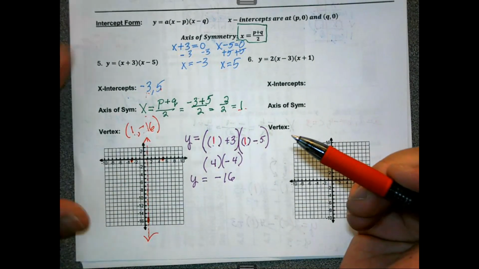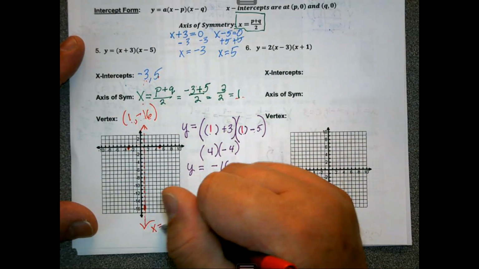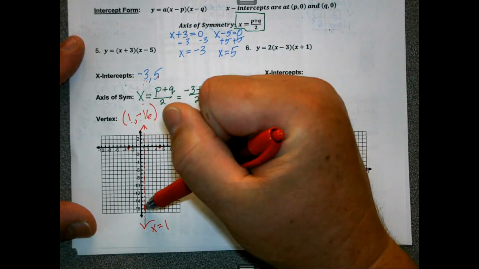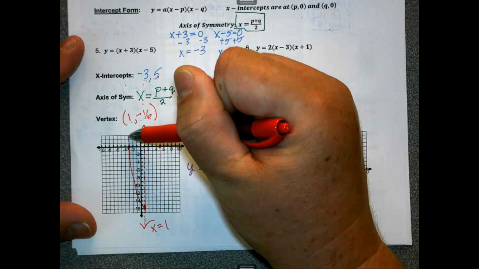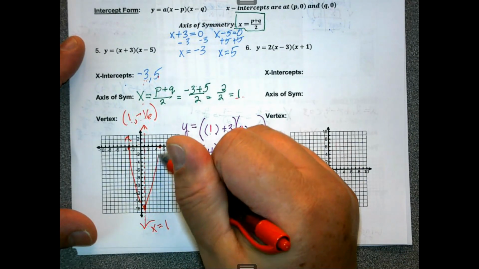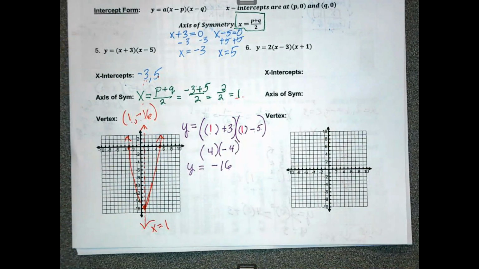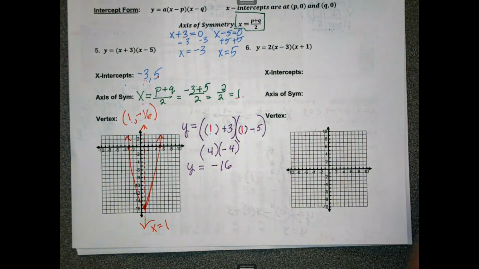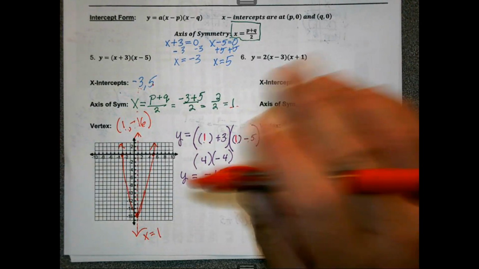And now I can draw my parabola. This is my x equal 1 axis of symmetry line. Oh, look at that. That's a pretty good long curve. That one, not so much. So there's my parabola, or in the day and age of COVID, parabola, using the intercept form.